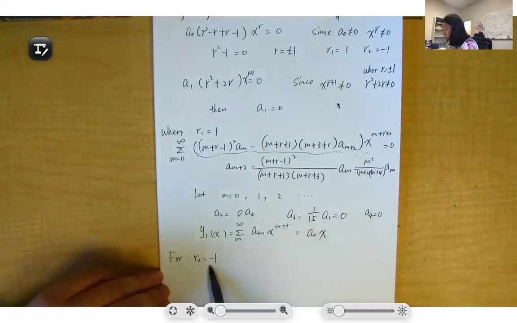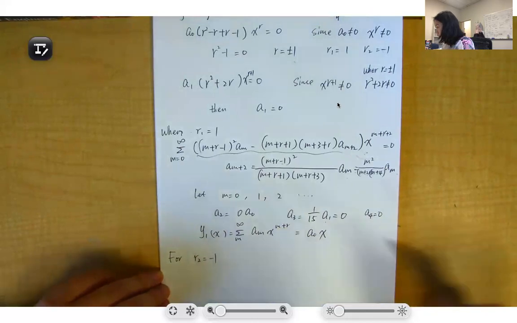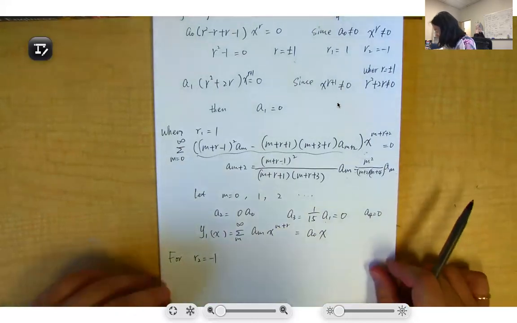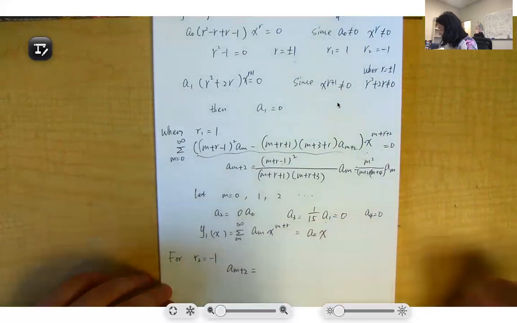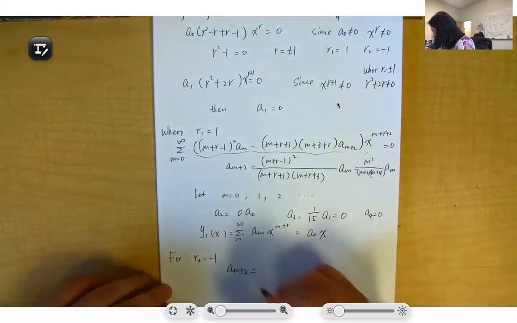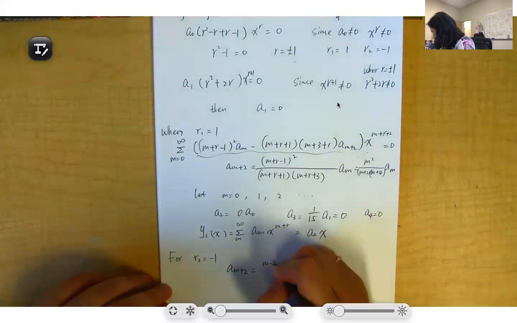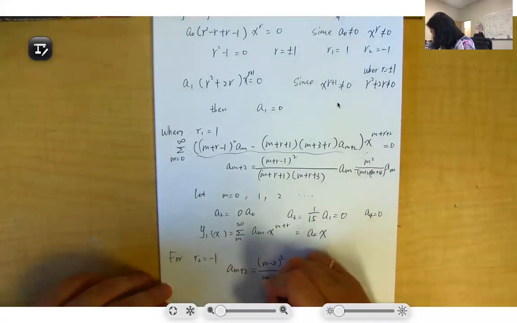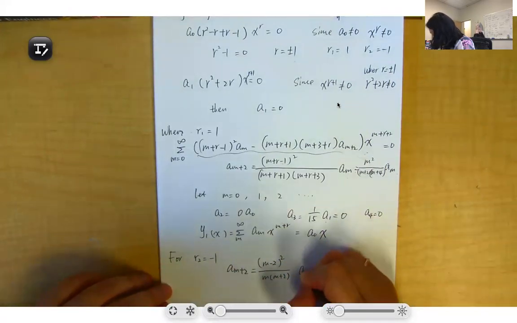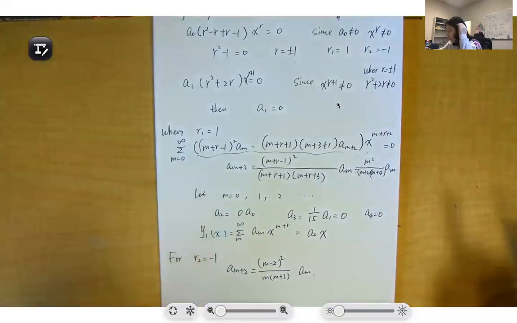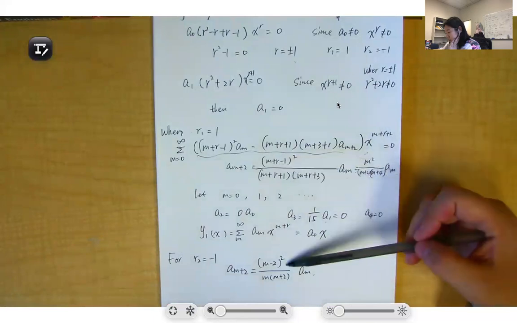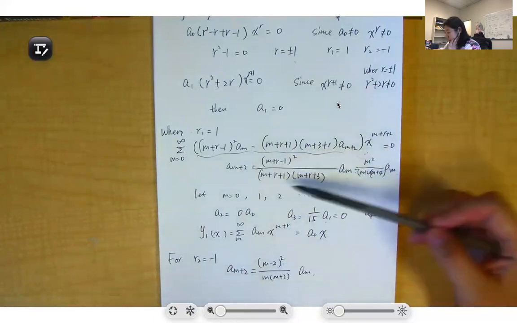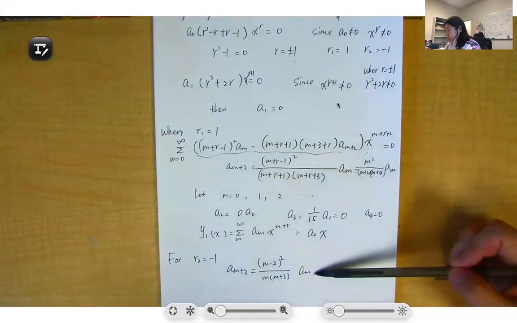So when r2 equals -1, then am plus 2 will be equal to m minus 2 squared times m plus 2, times am. It's the same from here, but when r equals -1, that will be m minus 2 squared divided by m times m plus 2, times am.